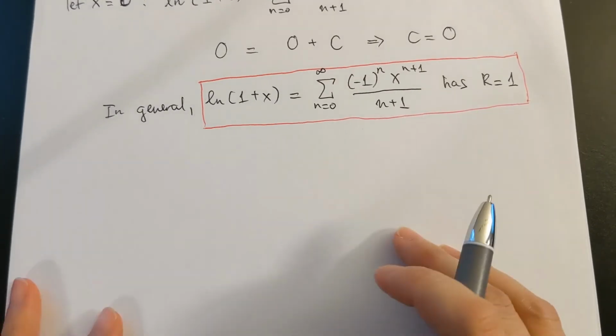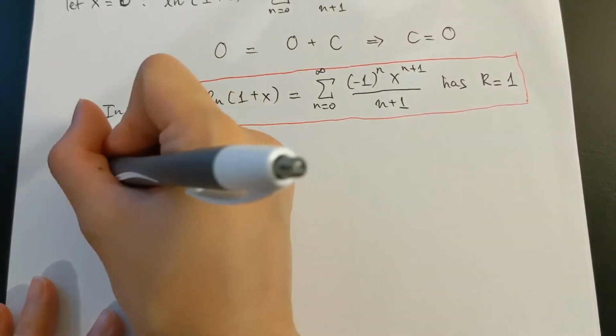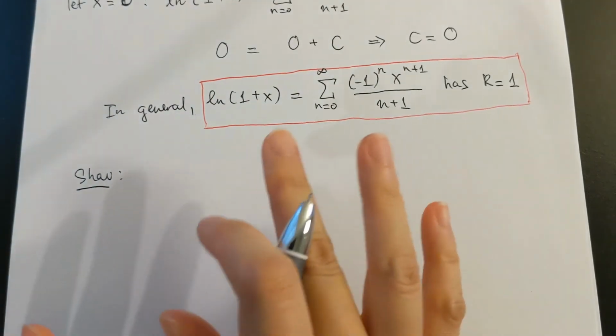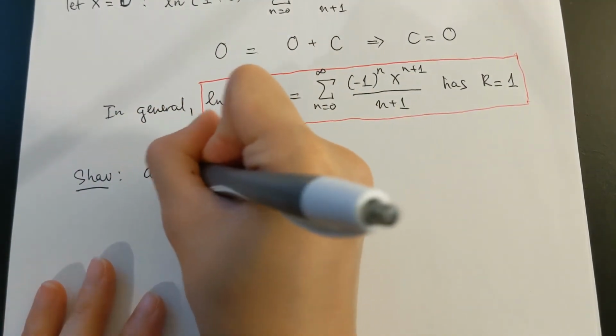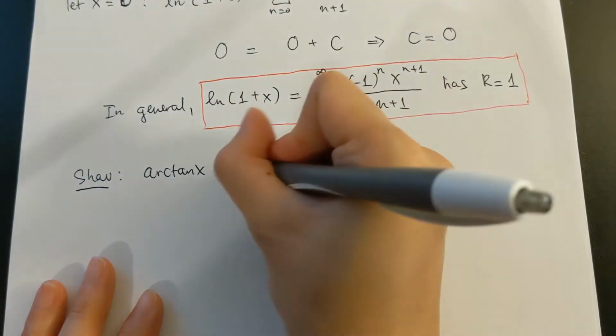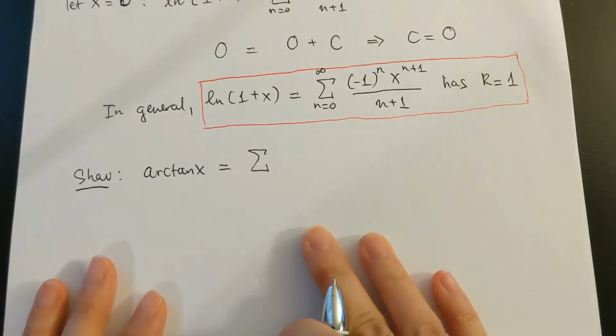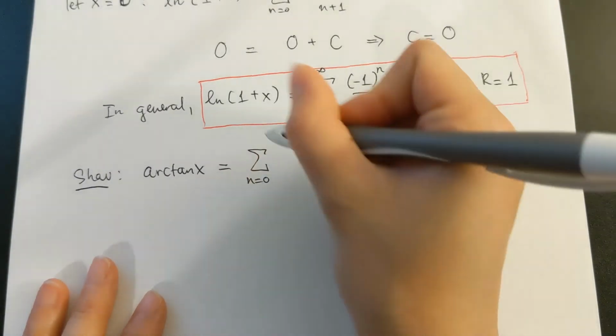Okay, so I'll finish this section by showing this helpful relation, arctan of x, and the power series representation for arctan is as follows.